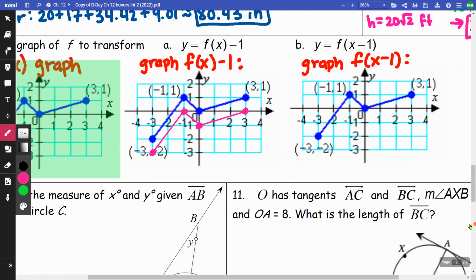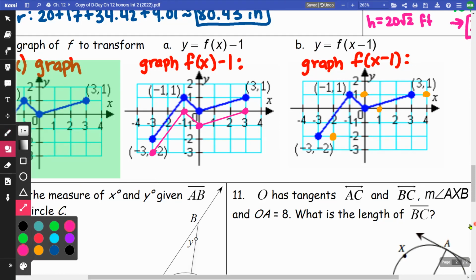So it's going to shift everything to the right one. And then that is going to be our graph. Same graph, just shifted to the right one.